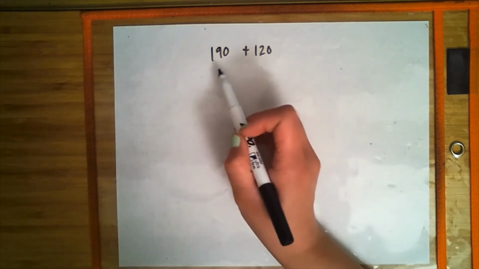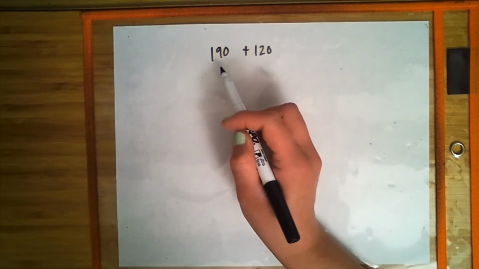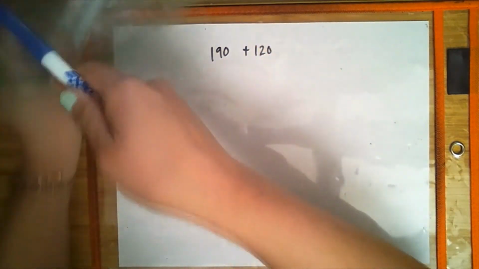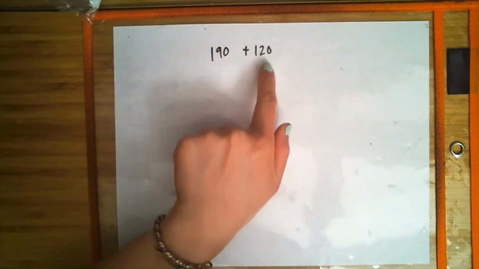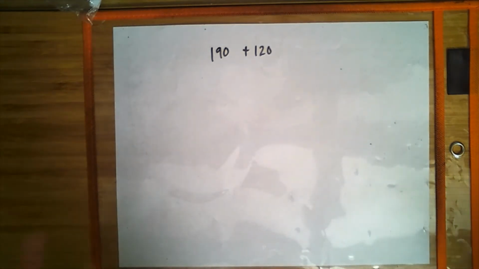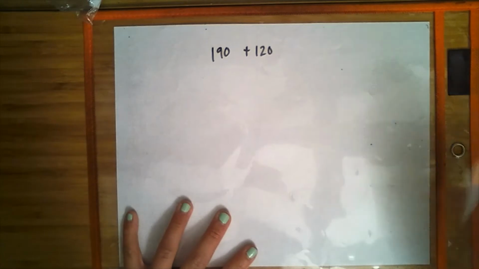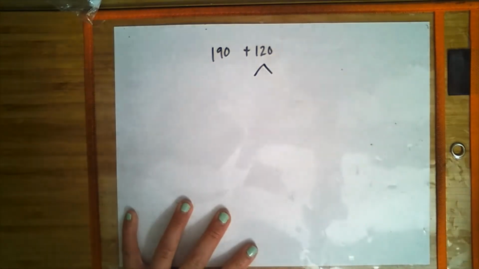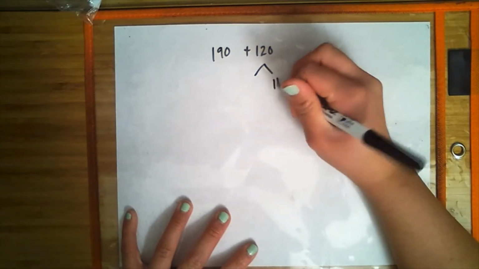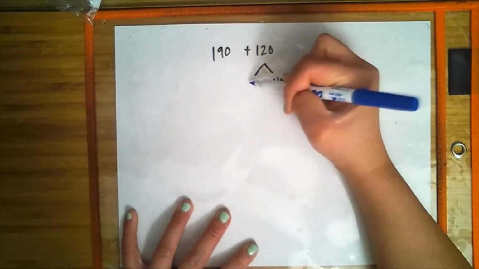How many more do we need to make 200? 10 more. Where can we get that 10 more from? From the 120. That's a great idea. Let's break apart 120 into 110 and 10.